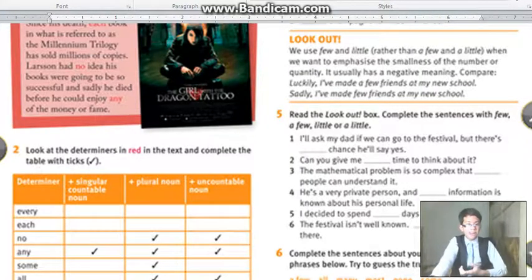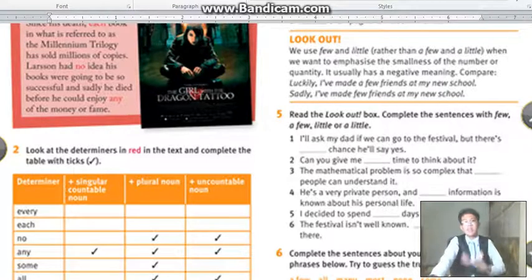The mathematical problem is so complex that blank people can understand it. Alright. People, it is countable. Plural nouns can be used with few. So we can put few or a few. Let's choose right now. So the mathematical problem is so complex.